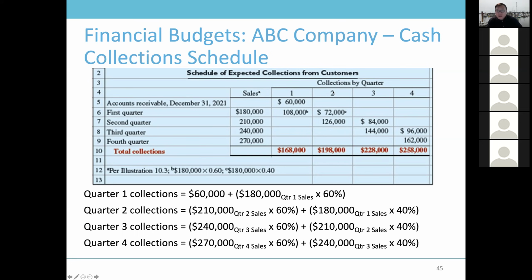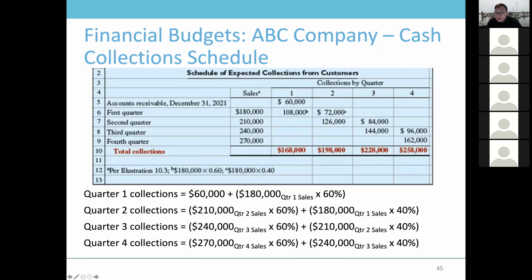And in the second quarter, you collect 60% of the second quarter sales. So that's 60% times 210,000 here. So that's 126,000. And the remaining will be collected in the following quarter, 84,000, right?